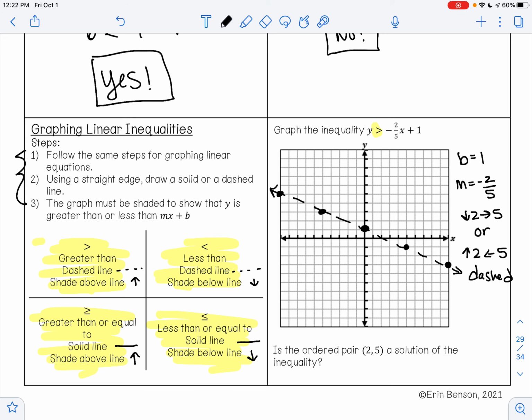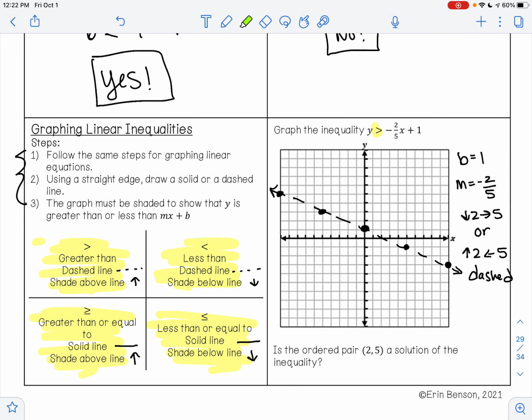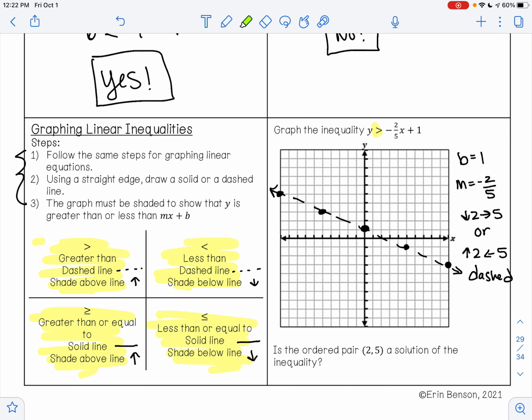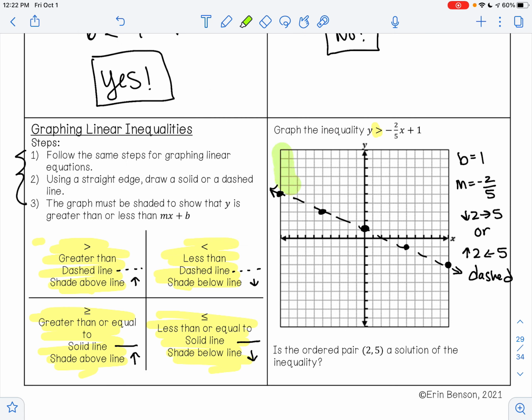I'm going to choose to use a highlighter. Some students like to use colored pencils, whatever works for you. So I'm going to very neatly shade above this line. So that would be this whole area.